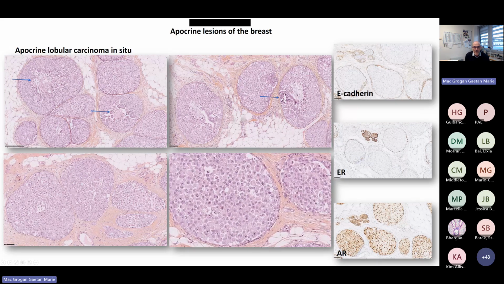As you can see in the upper images, we have areas of necrosis in this proliferation, and also calcifications. These types of lesions are typically detected by microcalcifications. On close-up, you can see that these are non-cohesive cells with apocrine-like features, and they're of course E-cadherin negative, ER positive, and androgen receptor positive.